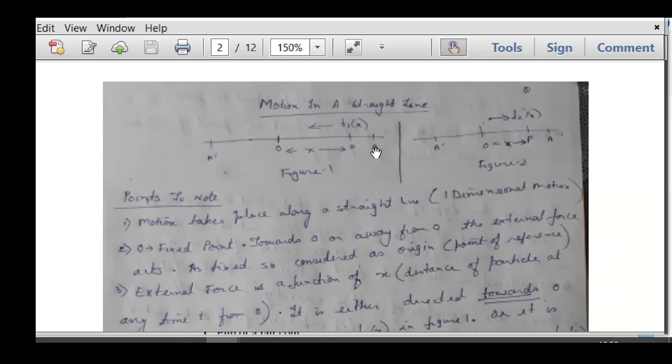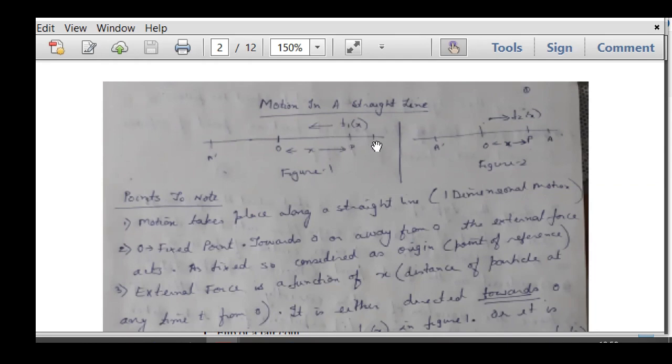Now, depending on the external force, which can be of two types, either attractive force or repulsive force. O is considered to be the fixed point, often referred to as the center of force. It may happen that the force is in this direction, that means it is pulling the particle.